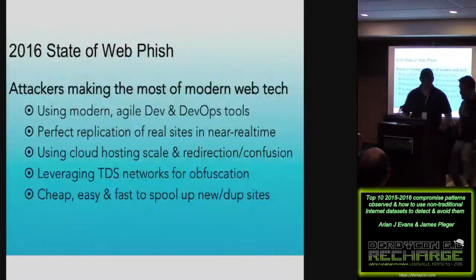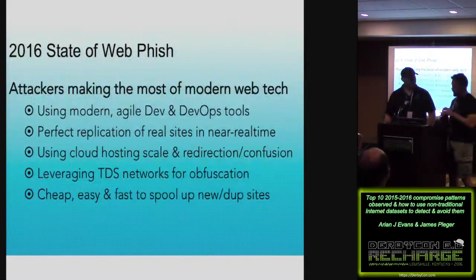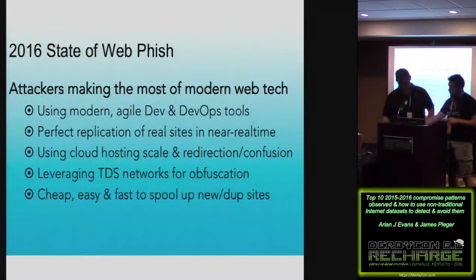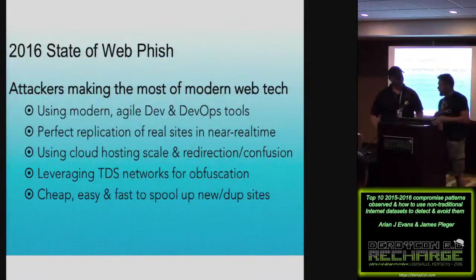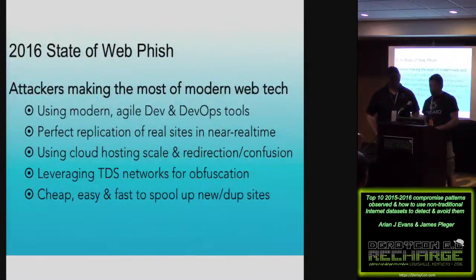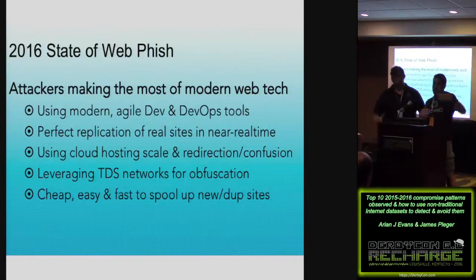To be really clear, what's interesting is that we've seen the sophisticated adversaries adopting DevOps build tools and auto-replication at a faster rate than many large organizations have. So they're outpacing them at dynamically copying. We've seen adversaries that automatically clone perfect copies of websites in under 15-minute intervals.